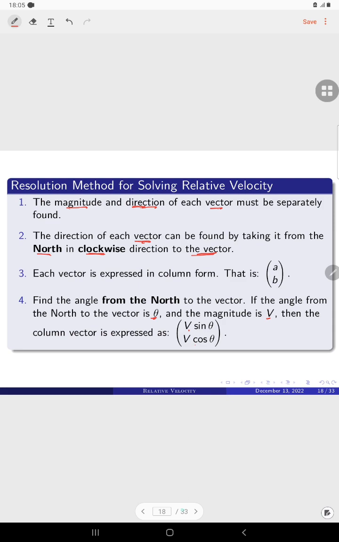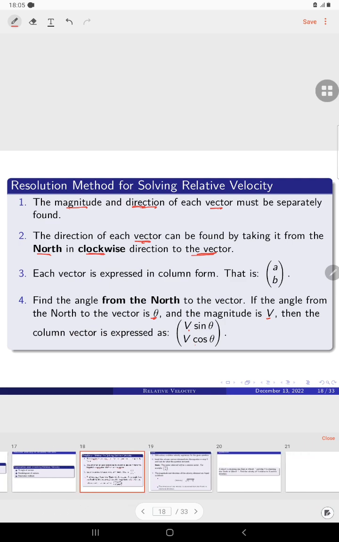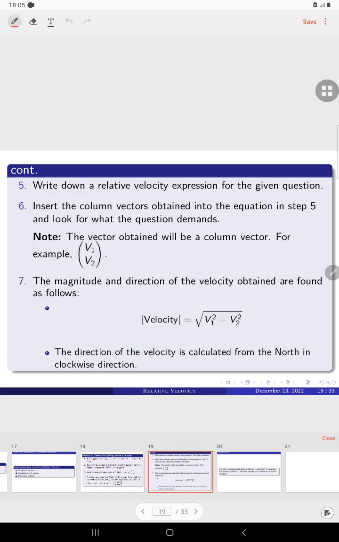Okay? So you can be pausing the video and writing the steps down. We will use the steps to solve every problem that we will come across. Then, depending on what the question is asking you to do, write down the relative velocity expression which the question demands. Velocity of which one relative to which one are you asked to find?